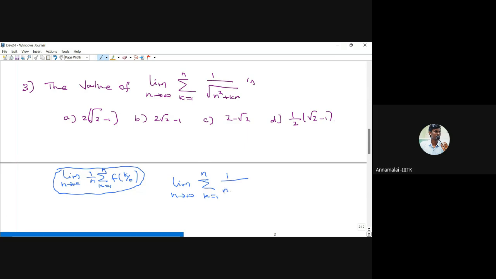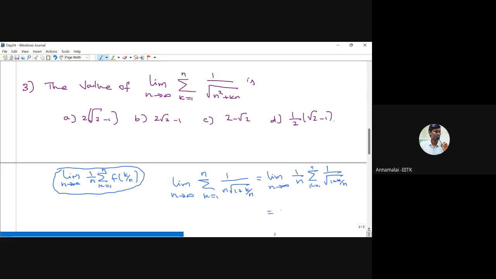Therefore, we get n square root of 1 plus k by n. Since n square is not there, you have to multiply and divide by n square, and n cancels, we get n. Now this summation depends on k, therefore you can take 1 by n outside. Therefore, limit n goes to infinity 1 by n summation 1 by square root of 1 plus k by n, where k equal to 1 to n.